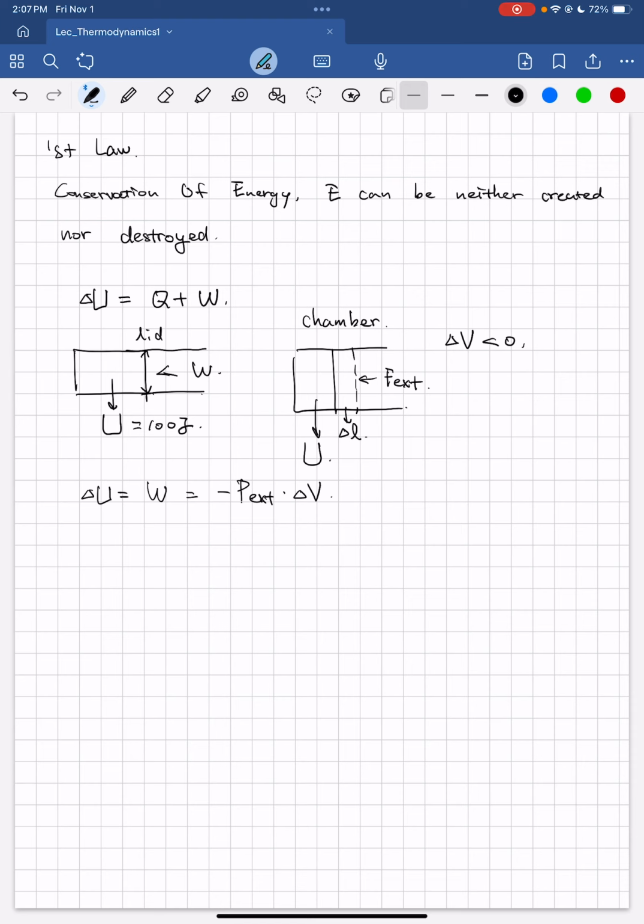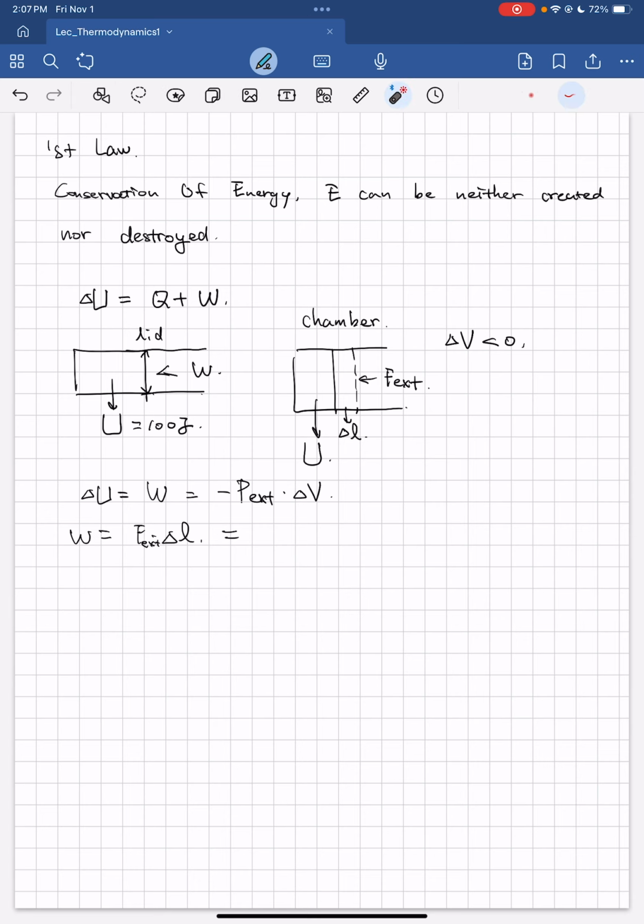So how did we derive this? It is very simple. In general physics, work equals F times delta L, external force, right? Which equals the pressure times the area of this lid.